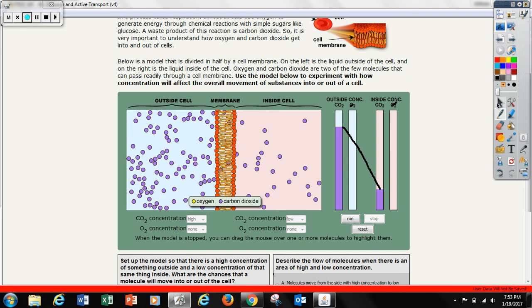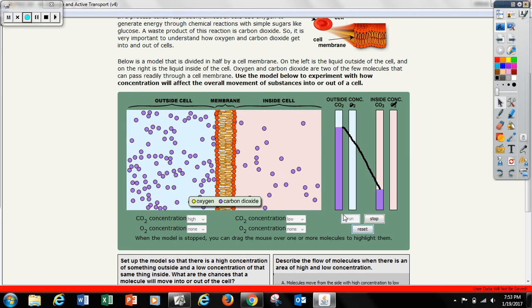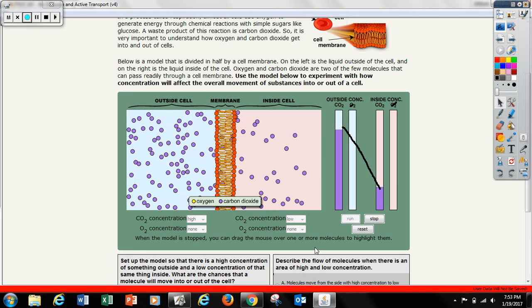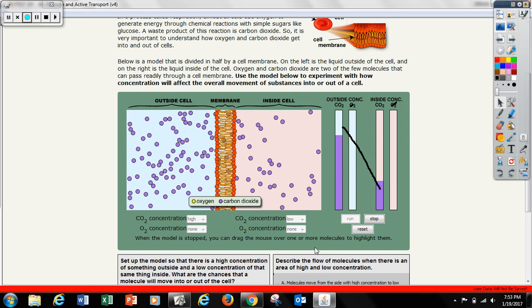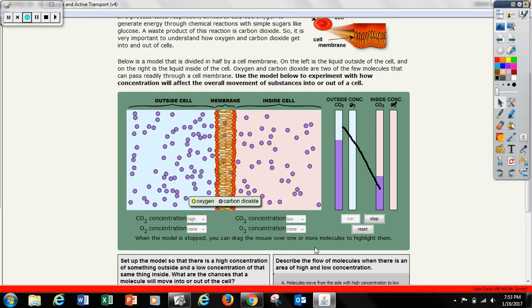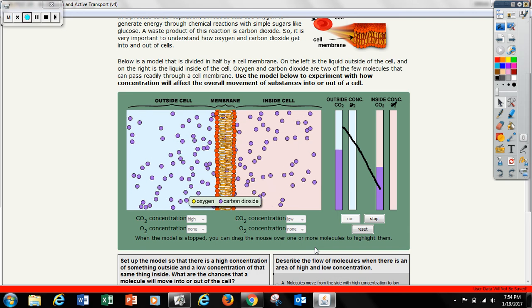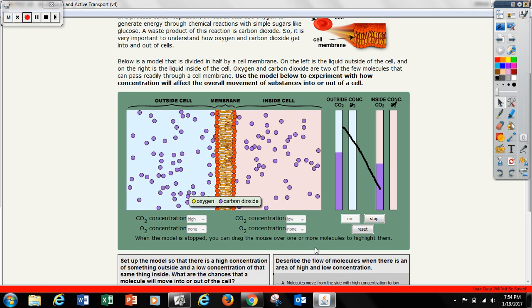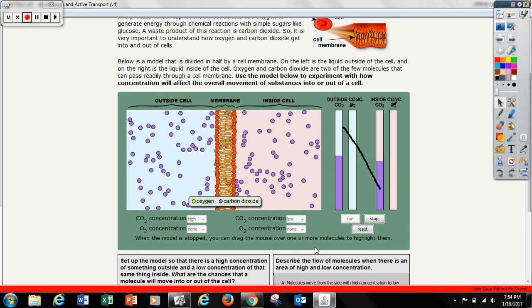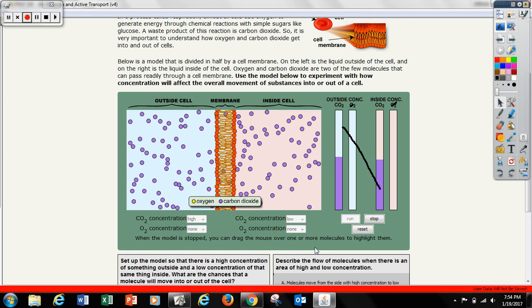So let's go ahead and run that, and we can see those are evening out. That gradient is getting shallower and shallower. Now, one thing I would encourage you to do is just pick one of the particles and follow it.